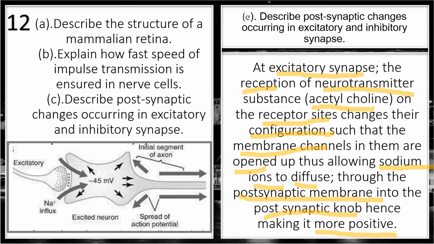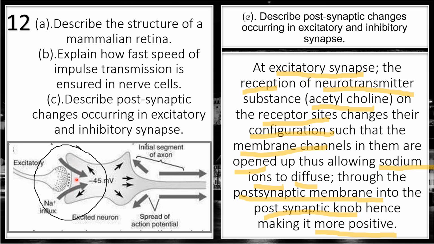So here we are seeing at the excitatory synapse, we are having our synapse across here, and when the neurotransmitter substance is released, it is going to be received by the receptor on the postsynaptic side.